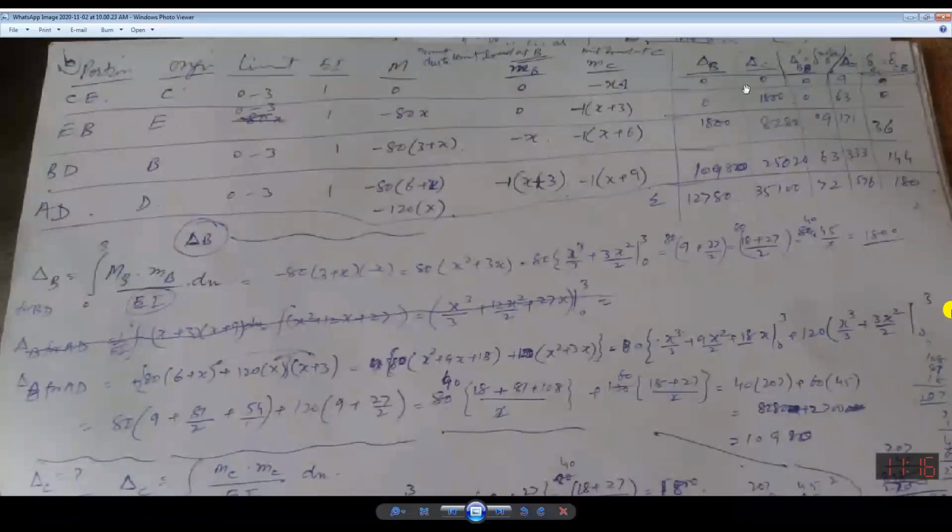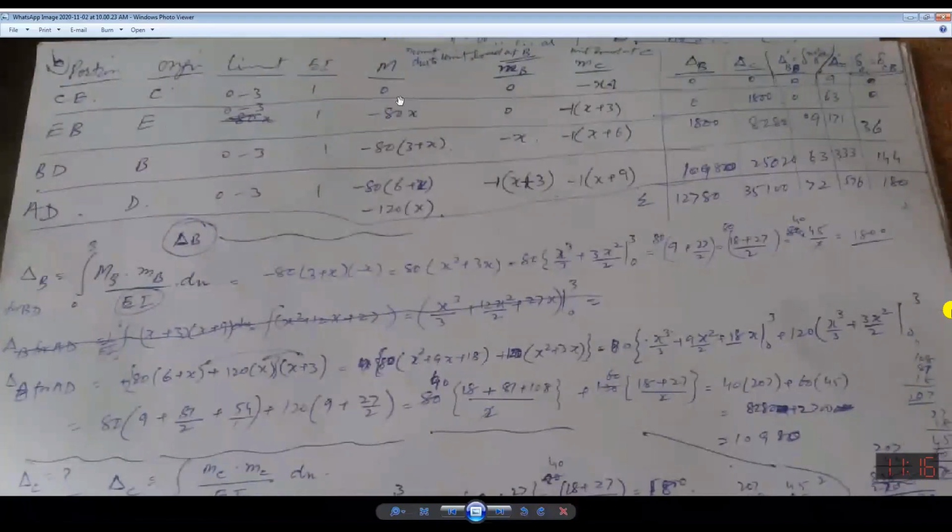So it will be multiplied for delta B. You will be multiplying these two values. For delta C, these two will be multiplied. And delta dash BB, which we calculated earlier, is the effect of load at point B when you have applied the unit load at B.